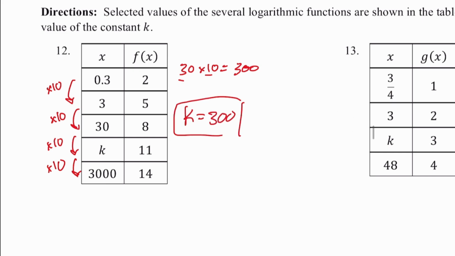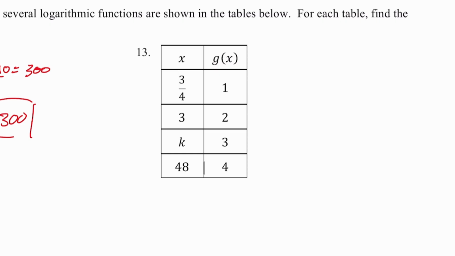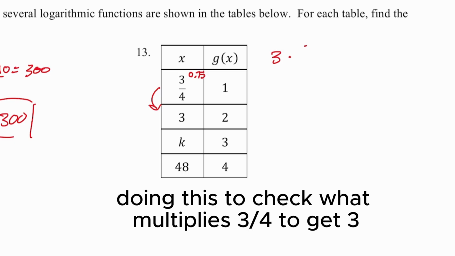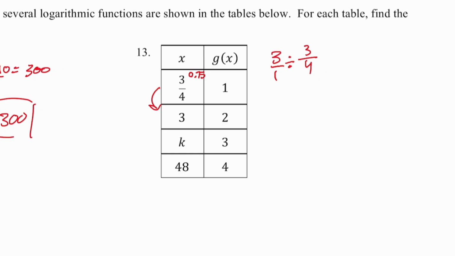Okay, our next one, 3 over 4. If it makes it easier, 3 over 4 is also 0.75. So we can do 3 divided by 3 over 4. We can add 1 there. Sorry, this is divide, so we change it to multiplication and switch the fraction, so it's 4 over 3.